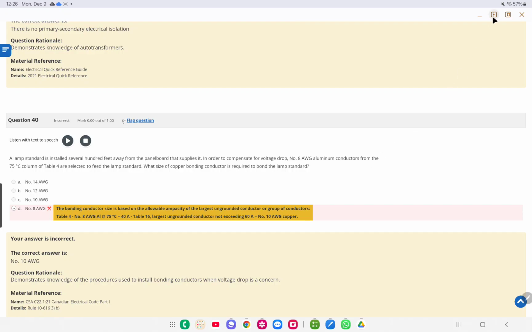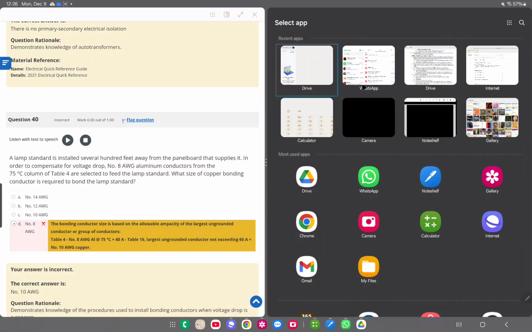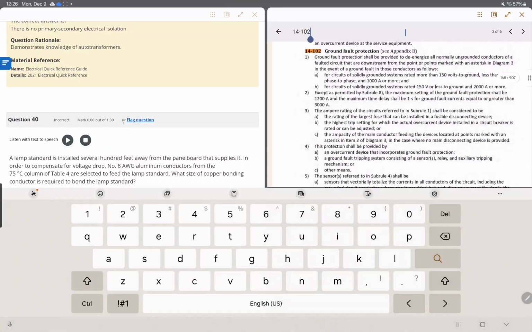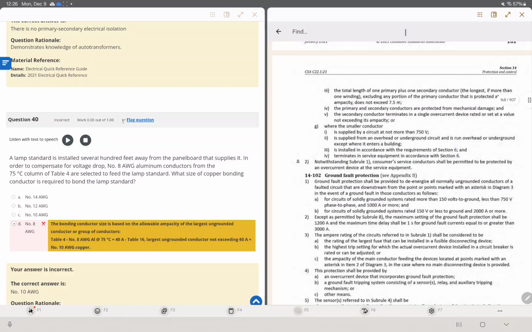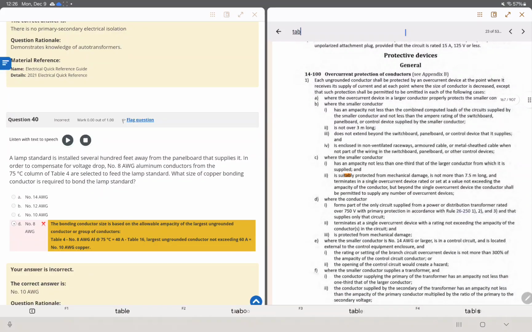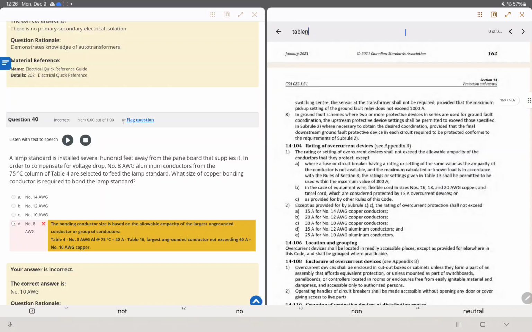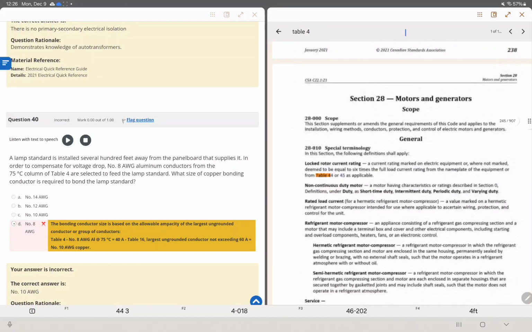Number 8, aluminum. So I guess we would start with table 4. Table 4. We'll look at our aluminum conductors.